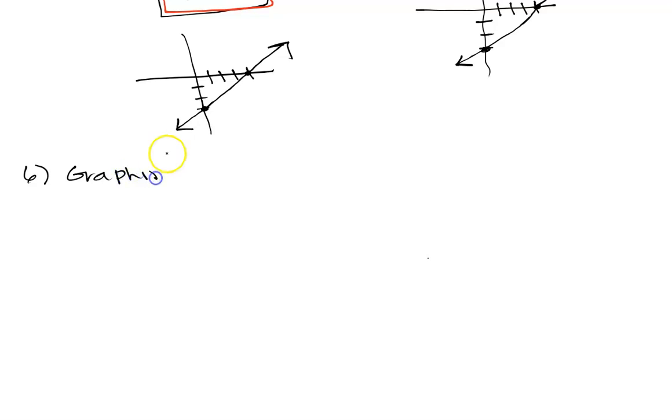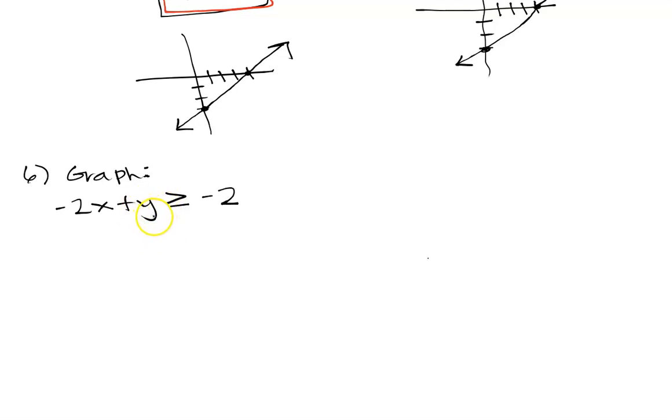graph something else, but this time we're going to be graphing a linear inequality. So I've got -2x plus y is greater than or equal to -2. So for me, whenever I'm dealing with inequalities, I like to solve it and get y by itself on the left side.